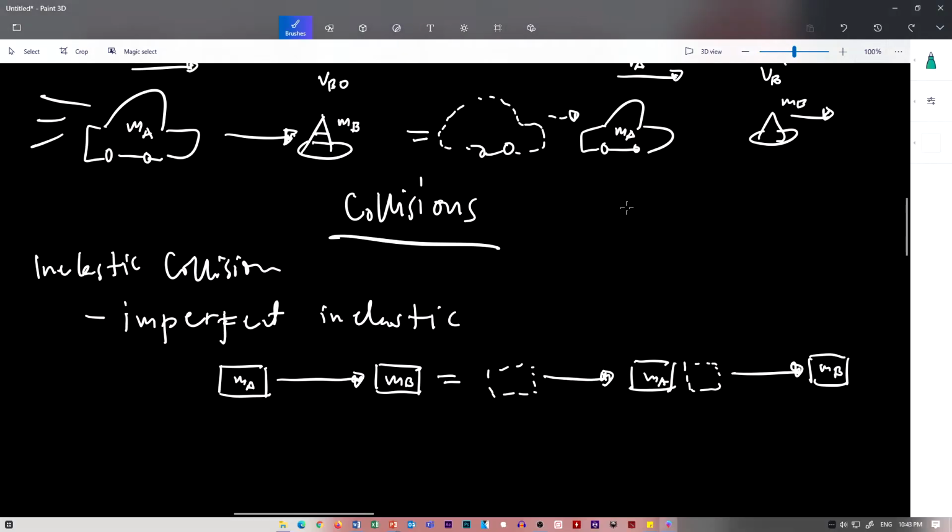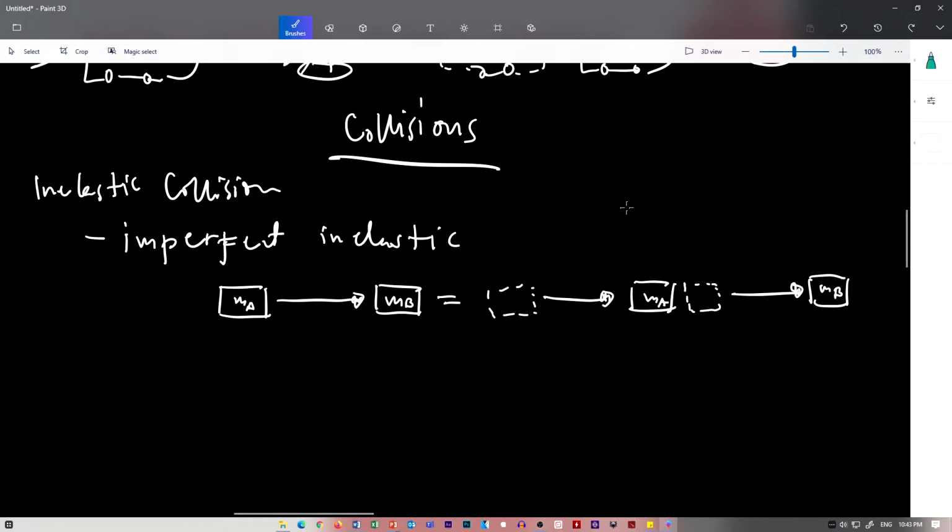Okay? So what does that mean? Ibig sabihin, you're going to have a certain mass, okay, having an initial velocity, so that's v sub a sub o, and then you'll be colliding with a second mass with, of course, a certain velocity. Okay, so after the collision, they will not stick together, so there will be changes in the velocities of both masses. So you're going to have m sub a v sub a prime plus m sub b v sub b prime.